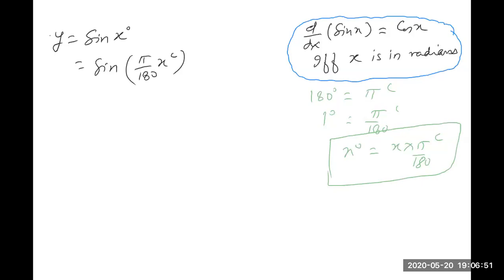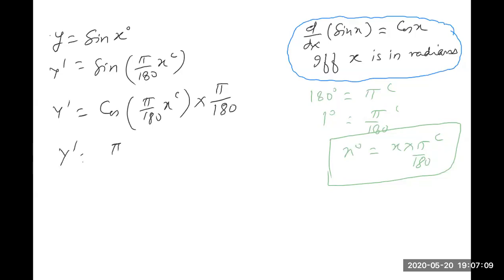So now you can differentiate. So y dash is equal to derivative of sine is how much? Cos pi by 180 x radian into derivative of inner function is pi by 180, derivative of x is 1. So y dash will be pi by 180 cos, again you can write this x degree because this is x degree. This will be answer of this.